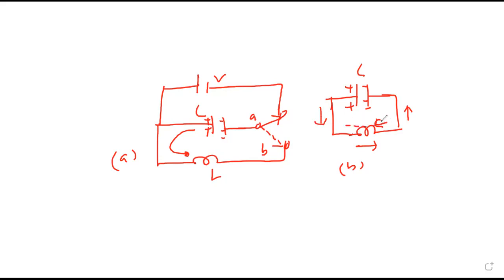There will be magnetic flux developed across this, correct? It will try to oppose this. So a stage will come when this will reduce to 0.